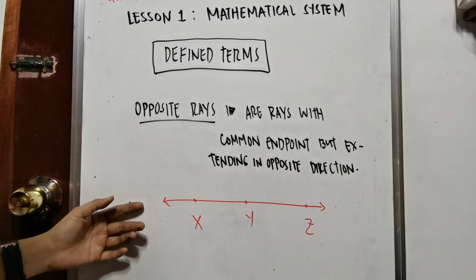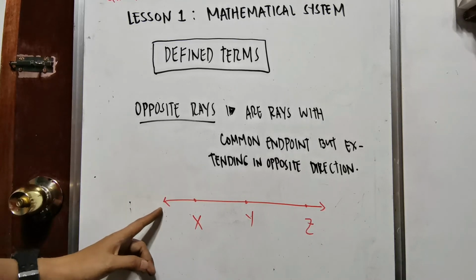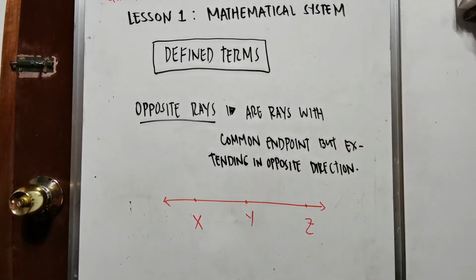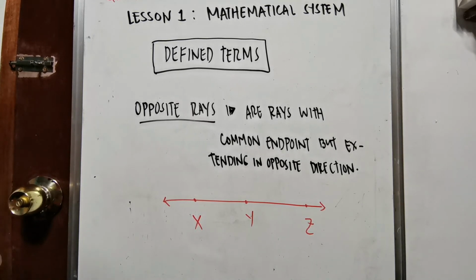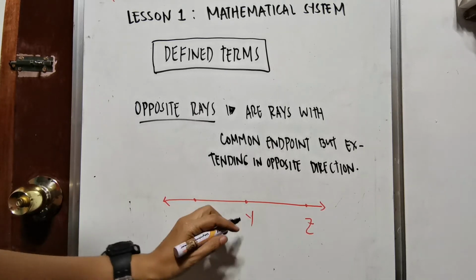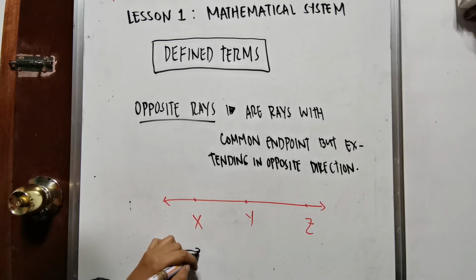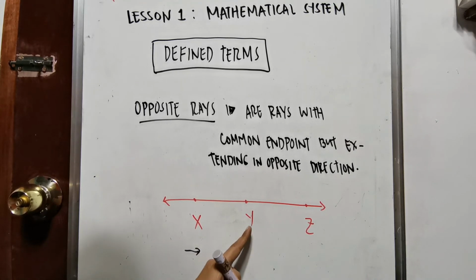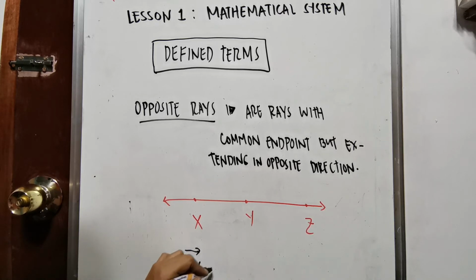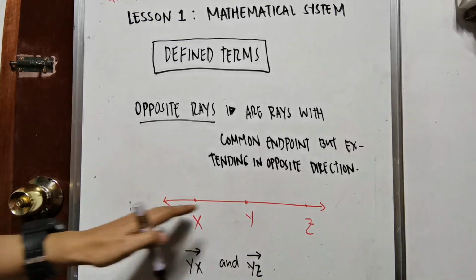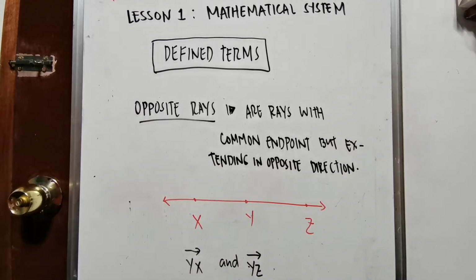Let's say we have this given line with 3 points, X, Y, and Z. Pag sinabi nating opposite rays, the common endpoint of the two opposite rays here is the point Y. Therefore, the opposite rays are ray YX and ray YZ. They are extending in opposite directions but they share a common endpoint.